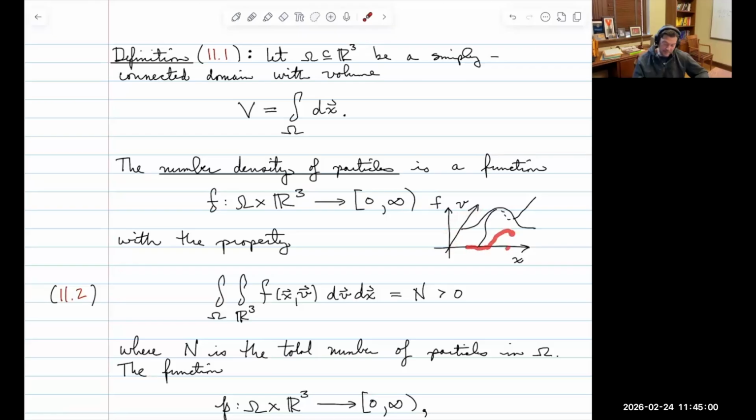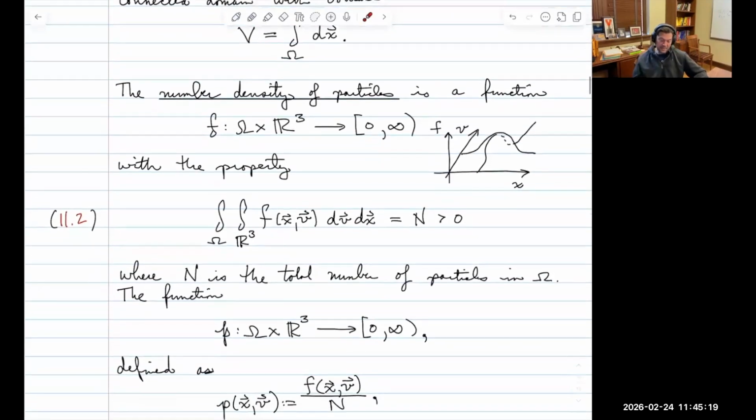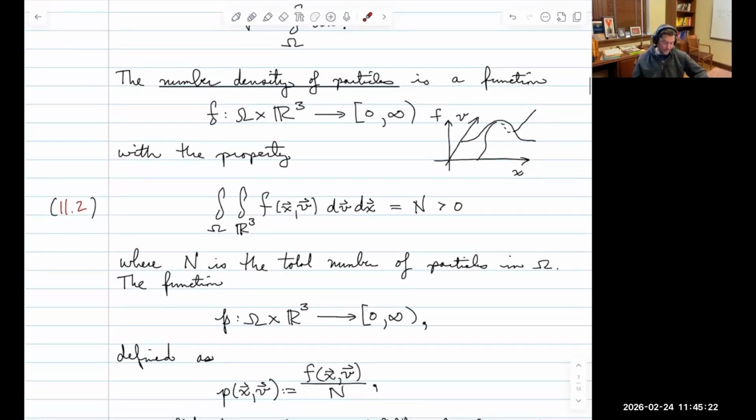So that density function would have a peak there. Okay, so anywhere where the density of particles is high, this function should have a large value, and where there are very few particles, this thing is very close to zero. So I hope that ugly picture portrays that.